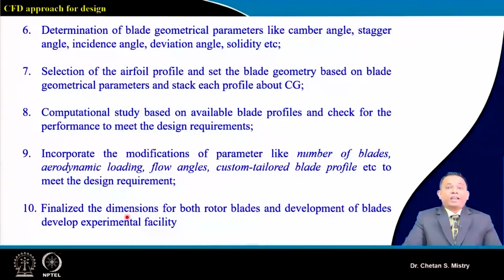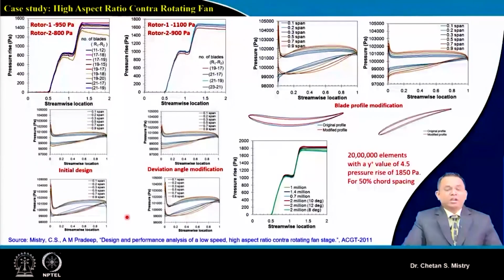Once we had finalized all our dimensions, later on we made our experimental setup for both the rotors. Here, initially we started the design with an expected pressure rise of 950 Pascal and 800 Pascal, and we understood how the aerodynamic loading happens on the pressure surface and the suction surface for both the rotors.